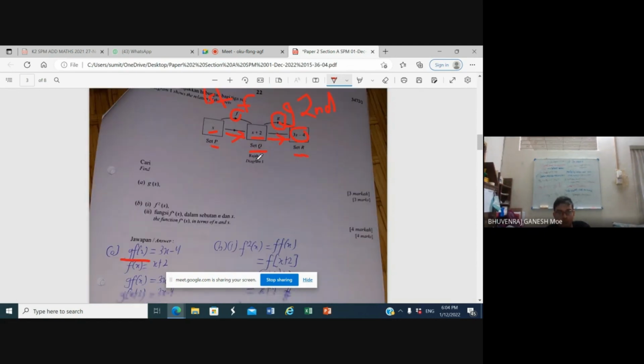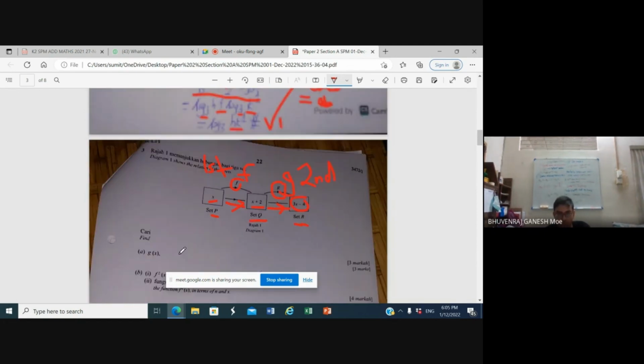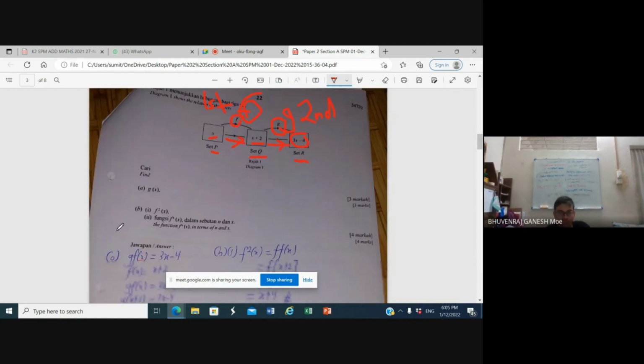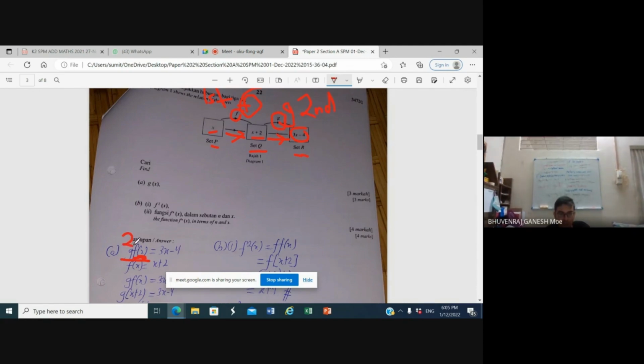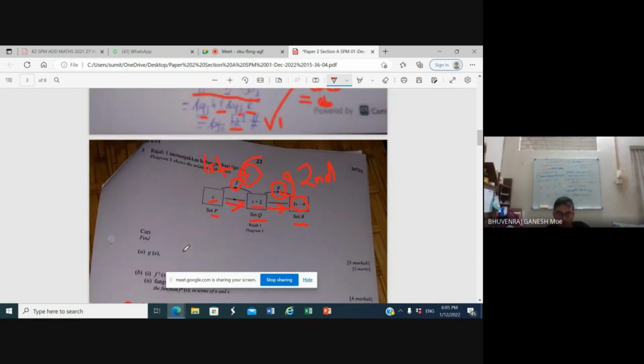So when you start, always start with your right side. You must start with the first function you're doing, which is f. That's why it comes gf(x). It means the second function is here, go to the first function here. Opposite. Don't start 1, 2. Start with 2, 1. That's how your function comes. So 3x minus 4.